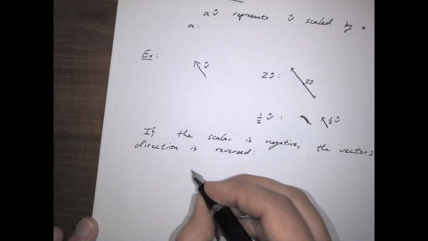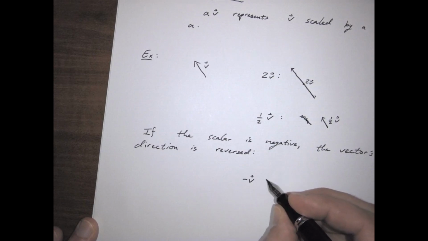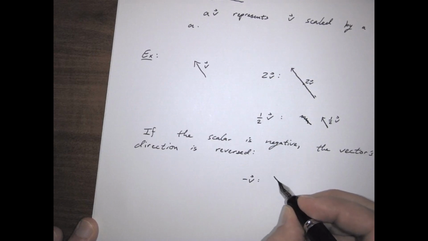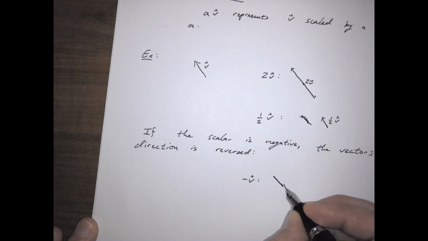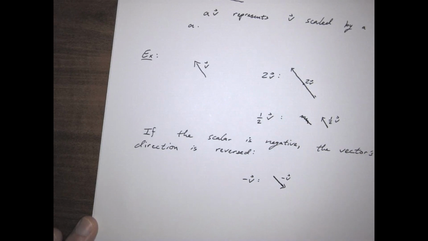So for example, negative v, which would mean just like negative 1v, is the same thing, except the arrow is now going the other way. Negative 2v would be just like this, but twice as long.